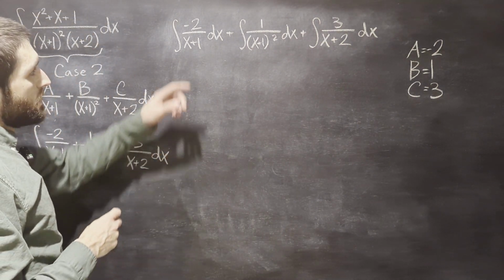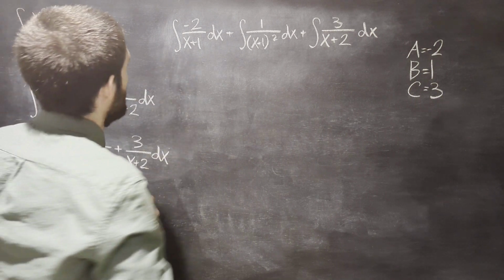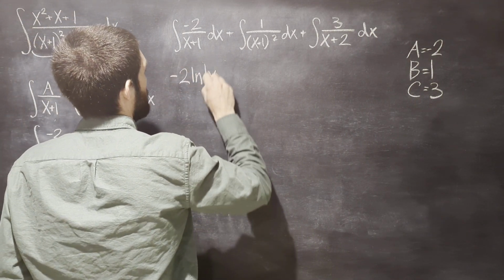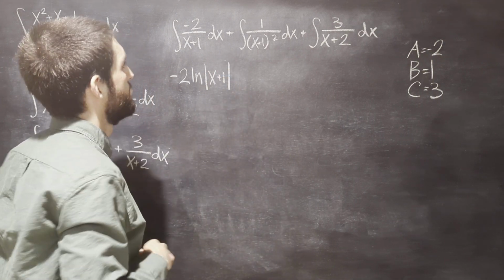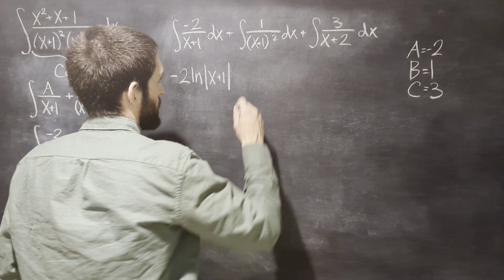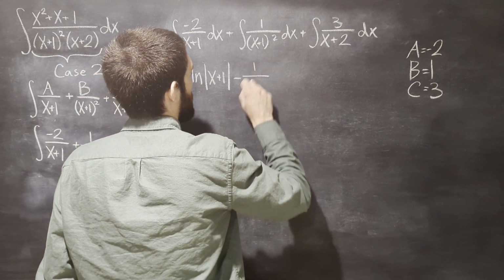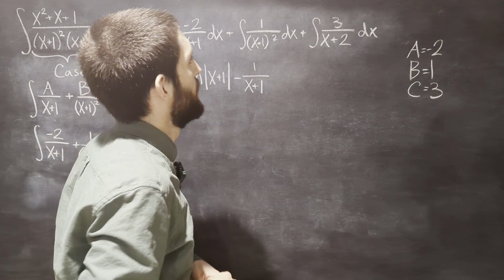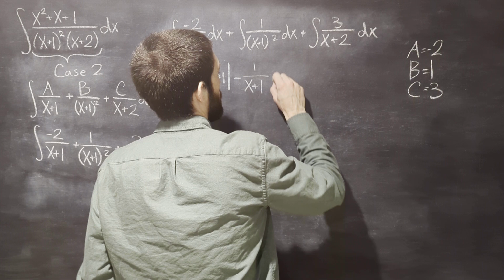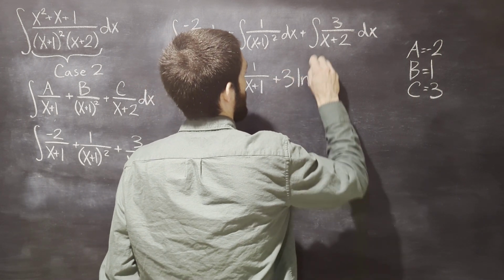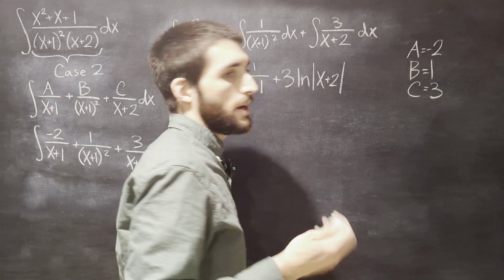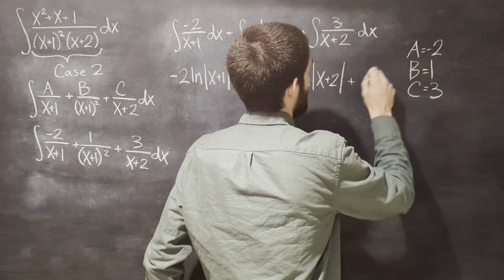For the first integral, u equals x + 1, and that will give us -2 ln|x + 1|. For the second integral, u equals x + 1, giving us -1 / (x + 1). And for the third integral, u equals x + 2, giving us 3 ln|x + 2|. Now we just add + C for our constant of integration.